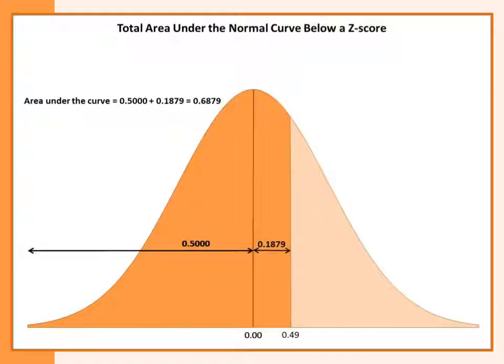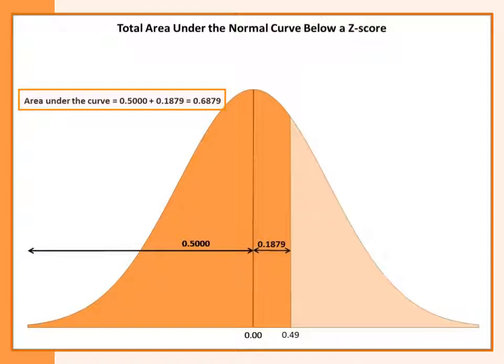Placing the z-score value of 0.49 at the base of our graph of the normal curve, we highlight then the area between the mean of 0 and a z-score of 0.49, and we see that 0.1879 area under the curve falls between those two values. But keep in mind we're asked to find the total area under the curve below a z-score of 0.49.